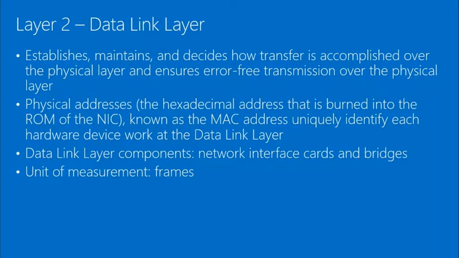Layer 2, the data link layer. The data link layer establishes, maintains, and decides how transfer is accomplished over the physical layer. So basically now what we're talking about are frame types: how is that content encapsulated and put over the wire? Christopher earlier mentioned MAC addresses, media access control addresses.